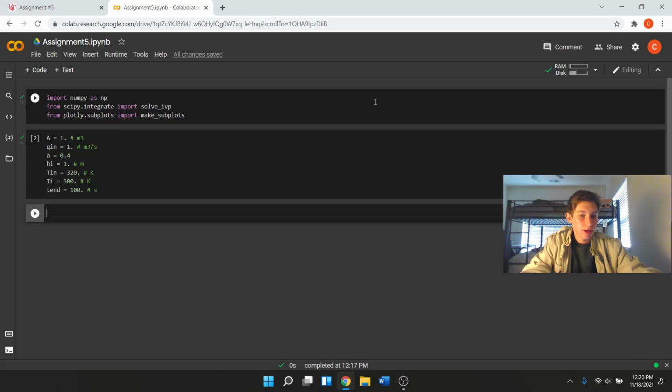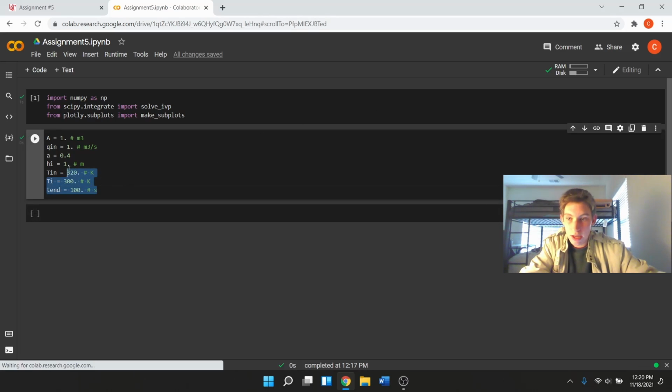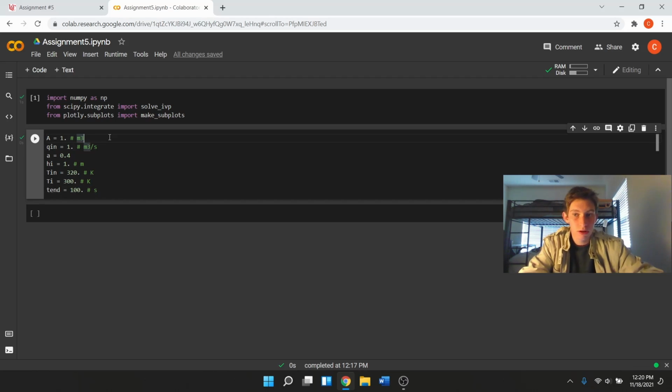Alright, so now that we have our two differential equations for the change in height and the change in temperature with respect to time for the reactor, these are our initial values. So our area is 1 meter cubed. The flow rate going in is 1 meter cubed per second.